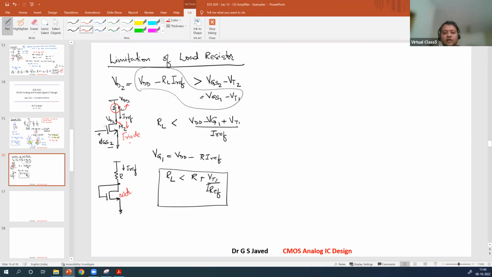And if it enters the triode region, then IRF will not be equal to IL, and the current source will stop working. So it will be a different load condition. So in this circuit, you should always check that this value does not change in any condition.